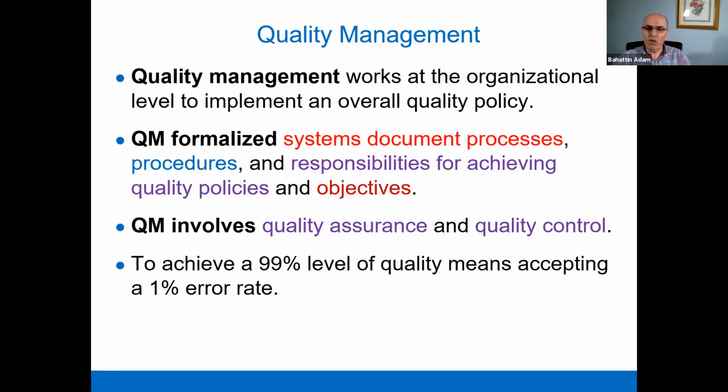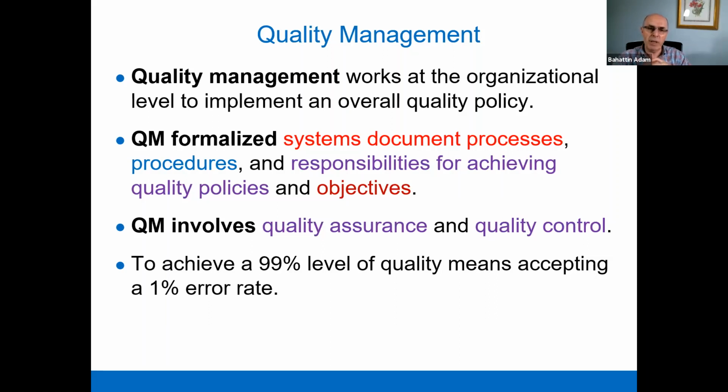Okay, quality management works at an organizational level to implement an overall quality policy. Quality management covers all issues about quality, and it works at organizational levels such as hospitals or outpatient clinics, and so on.